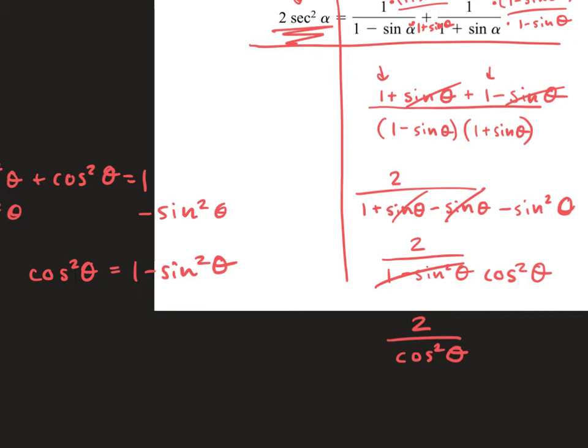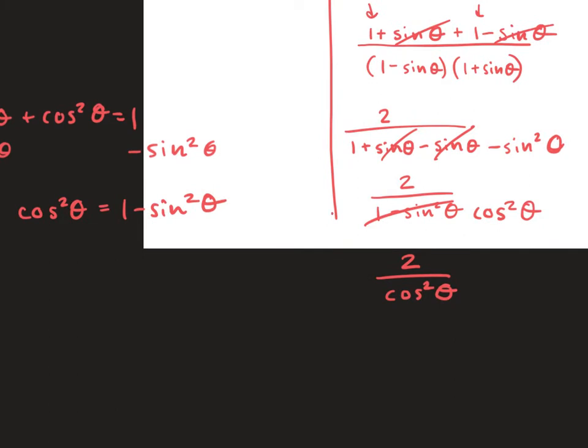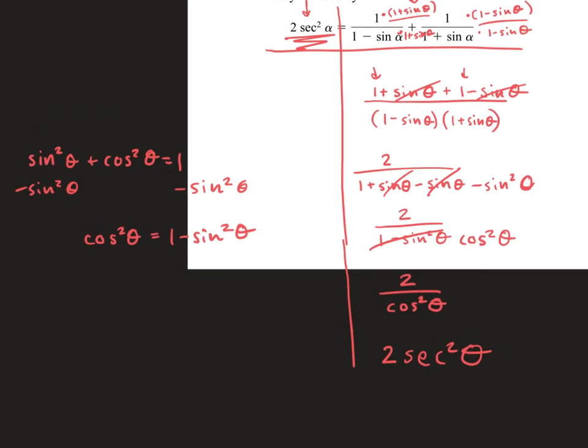Cosine and secant are reciprocals of each other. So instead of just 1 over cosine, we have 1 over cosine squared, or 2 over cosine squared. So to bring it to the top, it becomes a secant squared. Even though it's cosine squared, we can still apply the reciprocal property. So perfect, we got 2 secant squared and 2 secant squared.